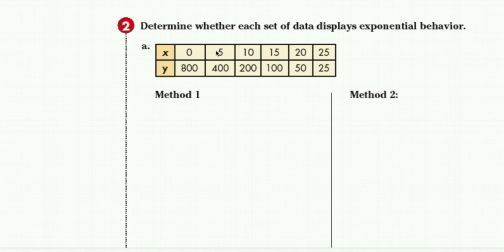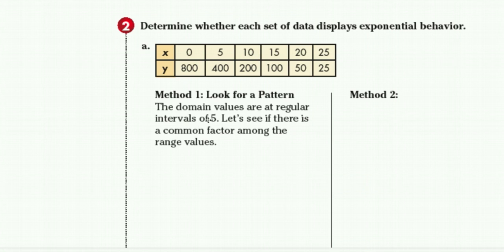To determine whether each set of data displays exponential behavior, method 1 is to look for a pattern. In this case, the domain values are at regular intervals: 0, 5, 10, 15, 20, 25. Let's see if there is a common factor among the range values. If you look at our range values, 800 times 1/2, there is a common factor of 1/2.